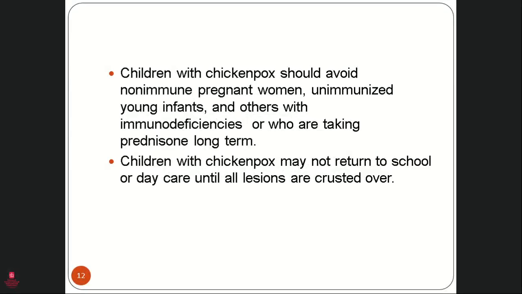Children with chickenpox should avoid non-immune pregnant women, unimmunized young infants, and others with immunodeficiency or who are taking prednisone long term. Children with chickenpox may not return to school or daycare until all lesions are crusted over.